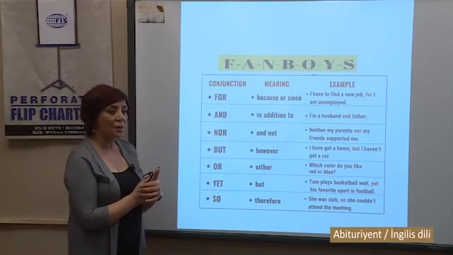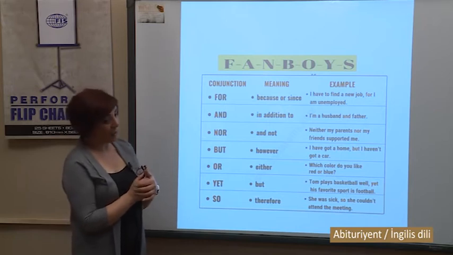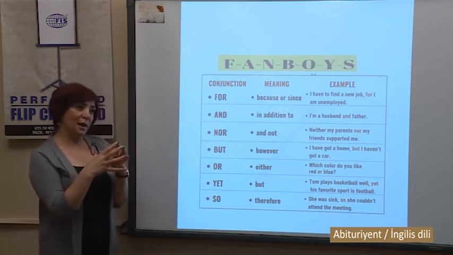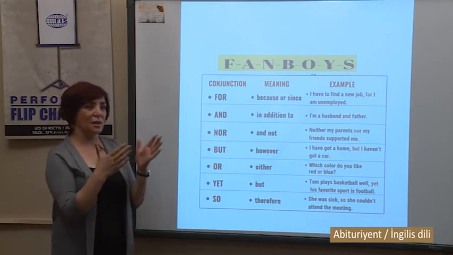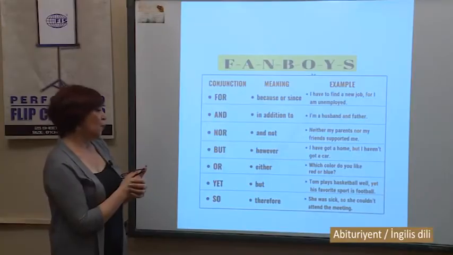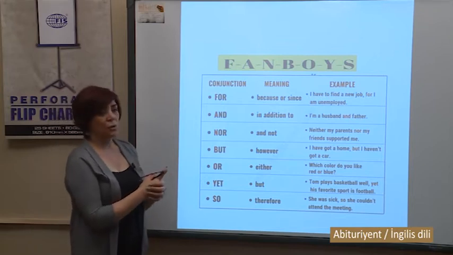I have got a home, but haven't got a car. And if we use and there, it means this is the continuation of the sentence. It means that in both cases, I have got something: I have got a house and a car. Or means either. Which color do you like?